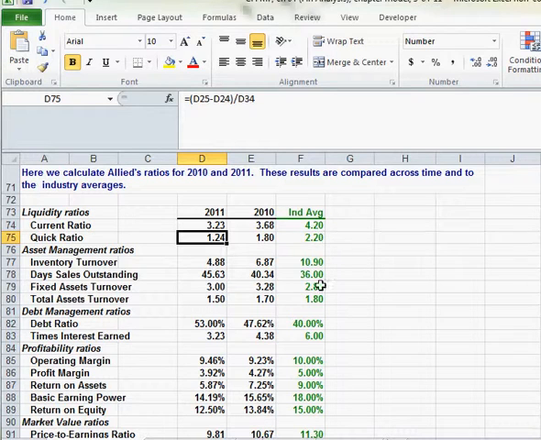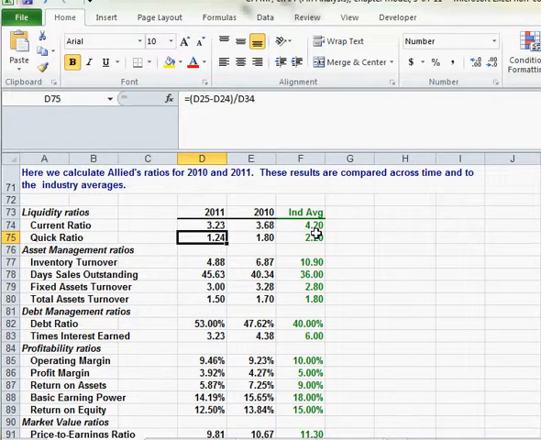We would also see what the numbers were for 2010 as they were in the book, and also the industry average. As we analyze these financial statements, we would want to analyze these ratios in 3 ways. One way would be trends: is the ratio improving over time, which we only have a 2-year time. The second way would be, how do we compare to the industry average?